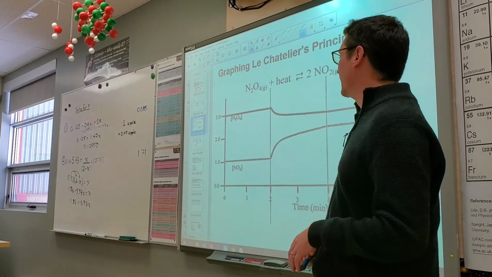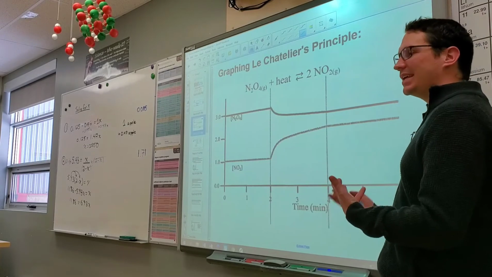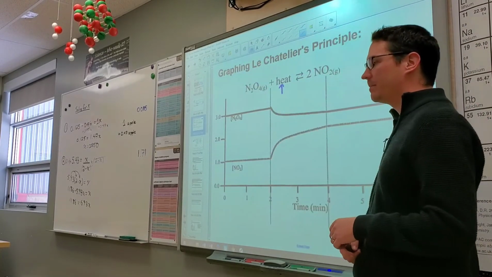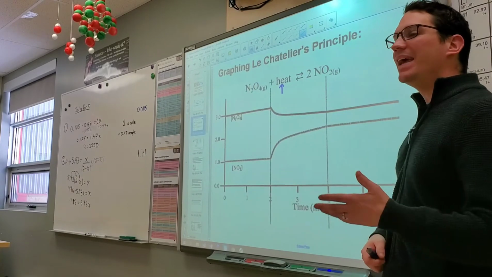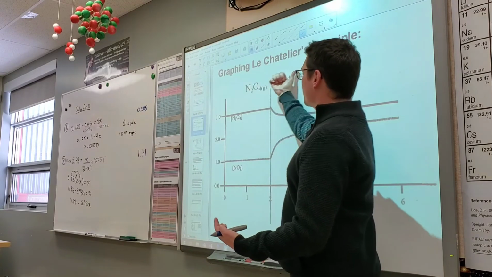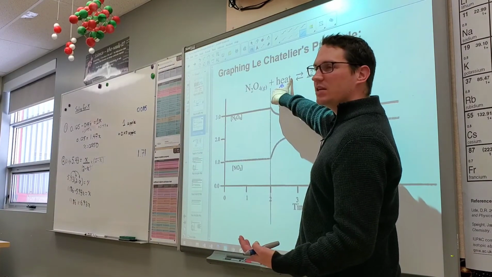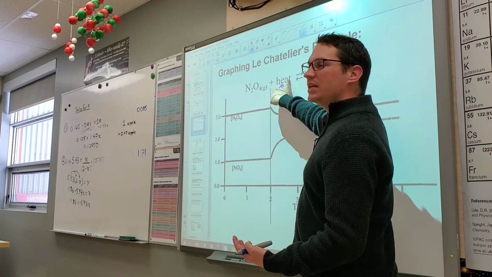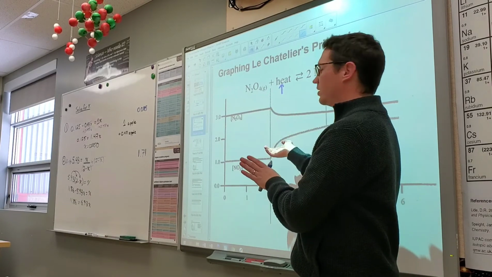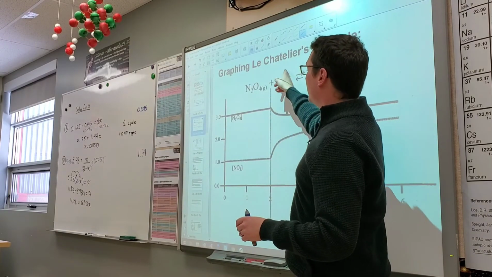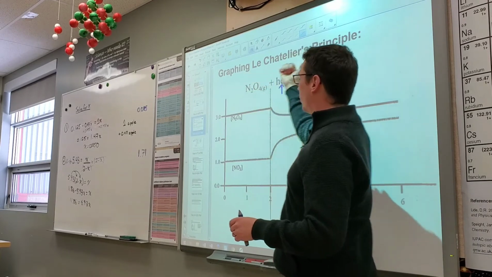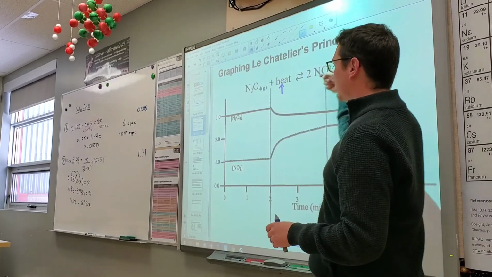When I increase the temperature of this system, I'm basically increasing the rate of the forwards reaction. You can think of energy and heat as an entity inside this chemical reaction. If I add heat, am I increasing the forwards reaction or the reverse reaction?